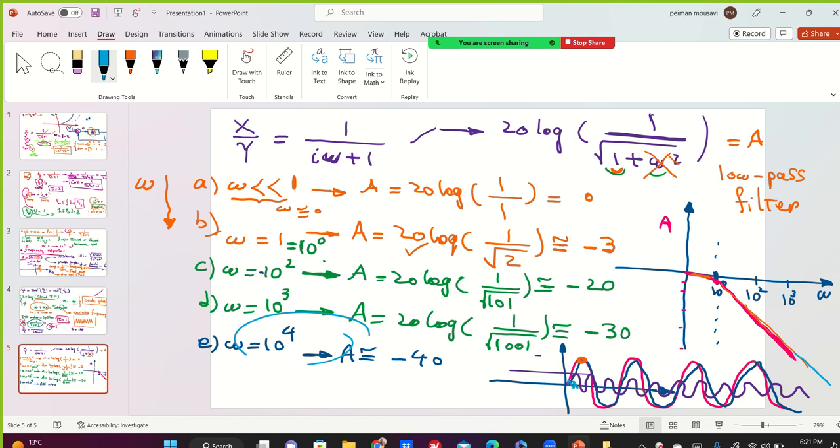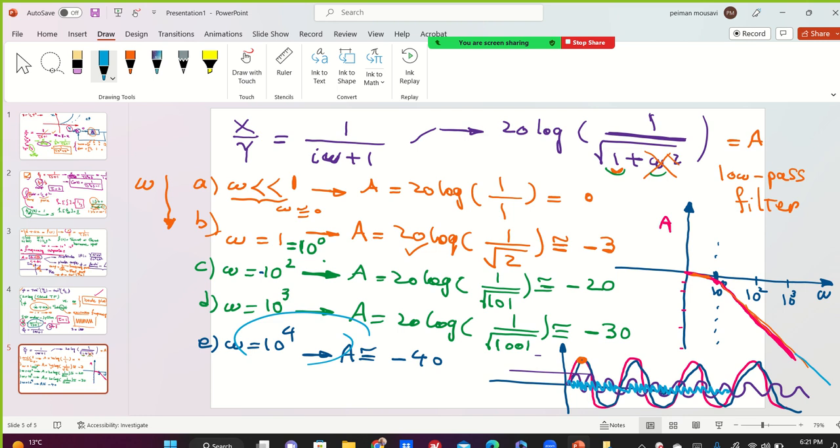The input is this red one. The output is going to be this. So it's filtering out the higher frequency and only passes the lower frequency. So the name of this is the low pass filter in control engineering. See what I'm saying? Yes?